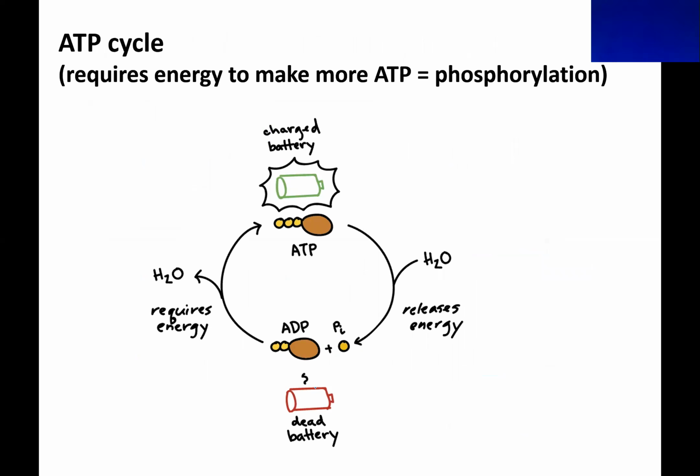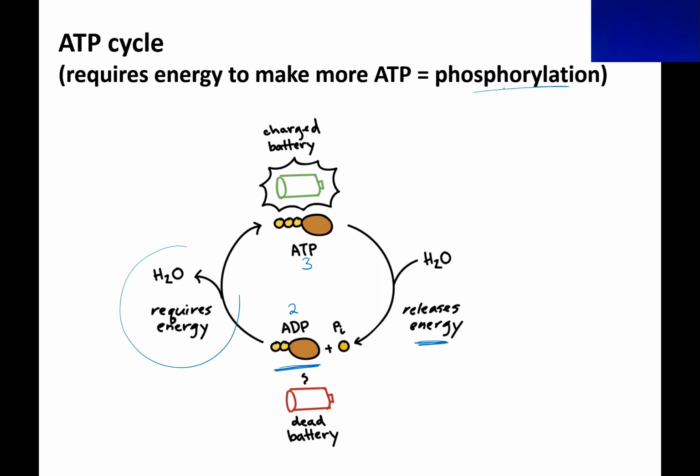Remember that ATP is used and made, right? So again, this is showing you when you break down ATP, you release energy. And remember, the breakdown product of ATP is ADP, which means it has 2 phosphates. ATP means 3 phosphates. And then you've got to use energy to remake ATP, right?